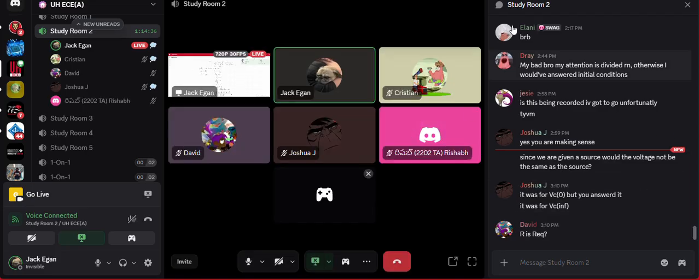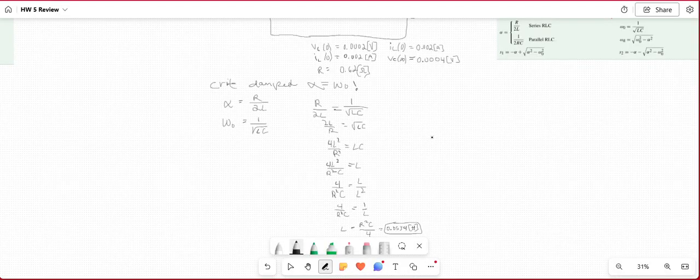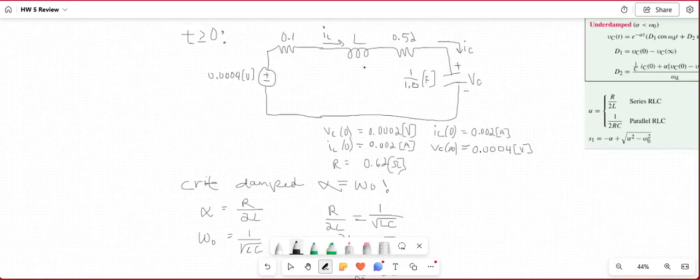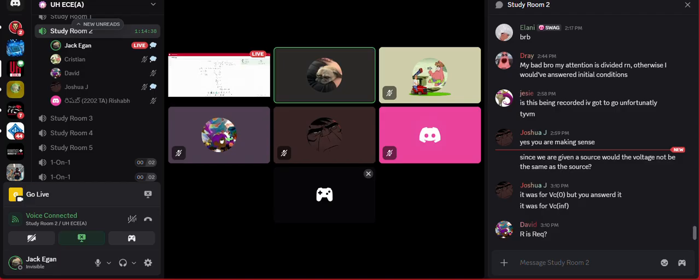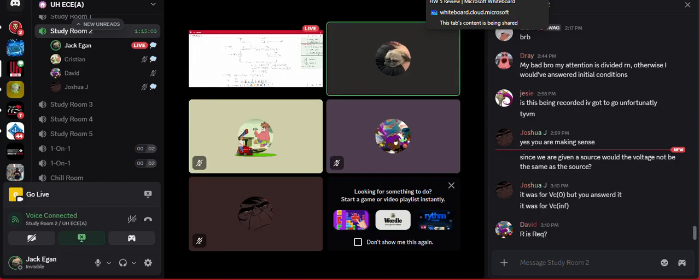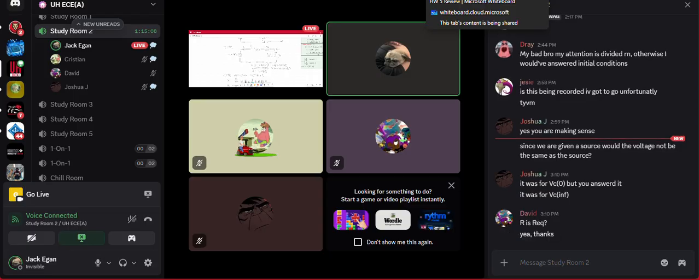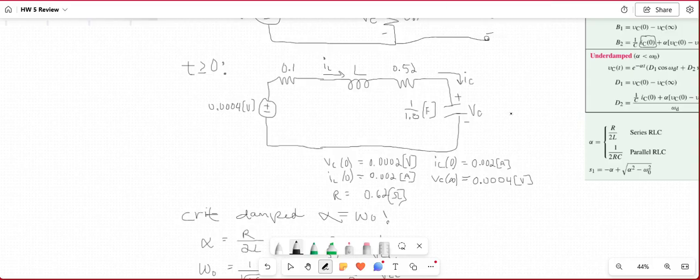Yes, because in this we just need an RLC circuit, one resistor, one inductor, and one capacitor. So you just add the two resistors and you get a simplified resistance. Does that answer your question, David? Okay. Cool.